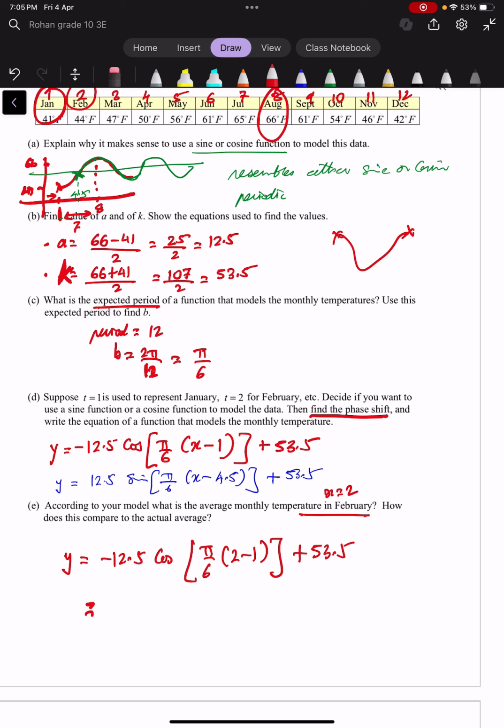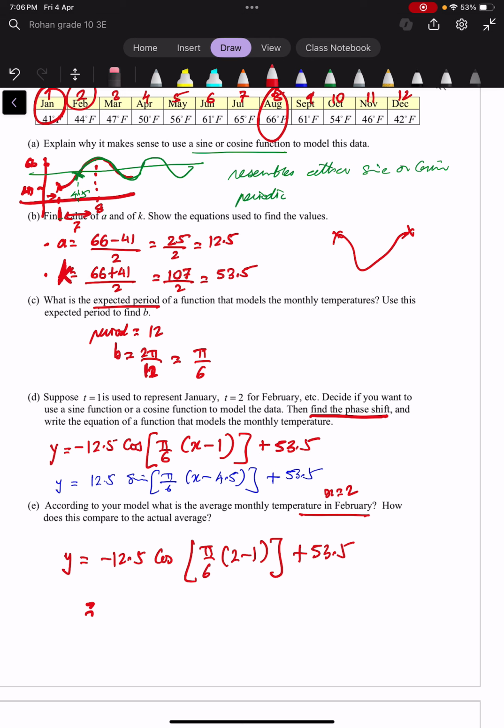Just type it in to get the value. Type in minus 12.5, with the small minus sign, in radians.